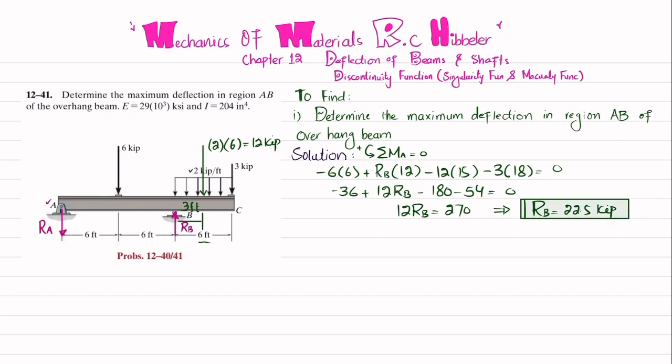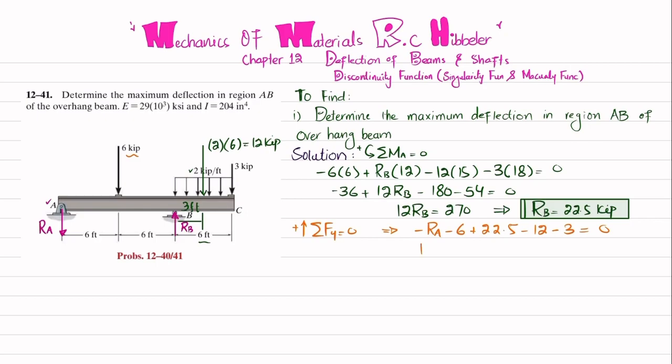Now we will find RA by using another equation of equilibrium: the sum of all forces along the y direction must be equal to 0, with upward force taken as positive. RA is downward, so minus RA minus 6 kips, plus RB, which is 22.5, minus 12 kips, minus 3 is equal to 0.